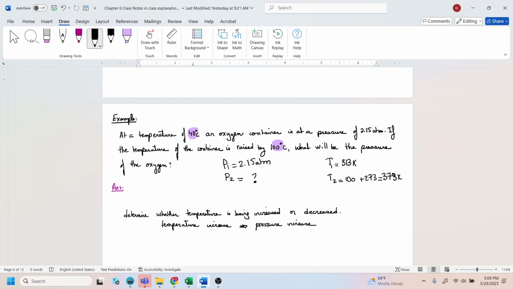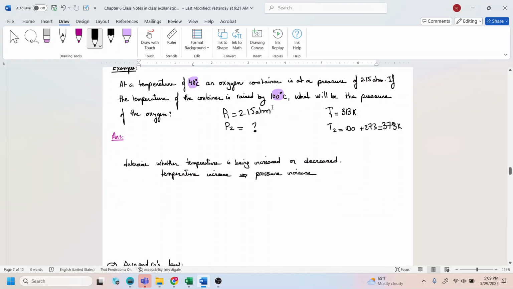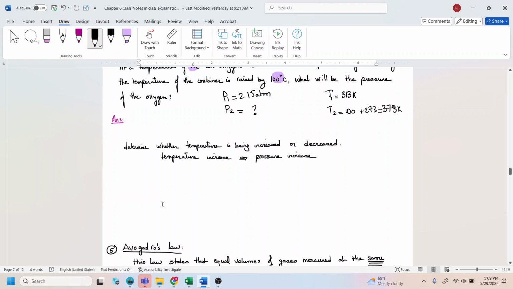Whenever you have something like this, just go ahead and write the equation. The pressure and the temperature are proportional to each other, so I would say P1 over T1 is equal to P2 over T2, and this is Gay-Lussac's law. So I can easily get P2 here. I'm going to cross multiply, and I would say P2 T1 is equal to P1 T2.